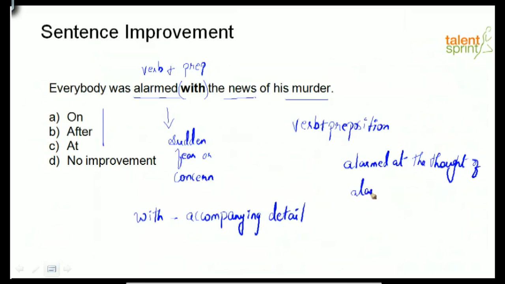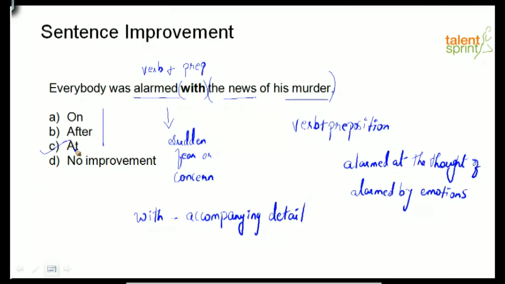You can also be alarmed by emotions. Now in this context, we are specifically talking about these people, everybody, about this particular news. So we know at as a preposition is used to refer to something specific, and in this context it's the news of the murder. So yes, those of you who said option C, that's correct.